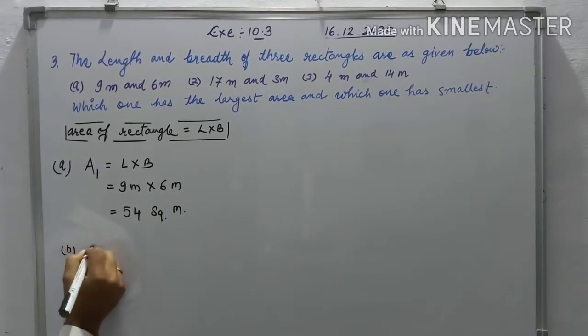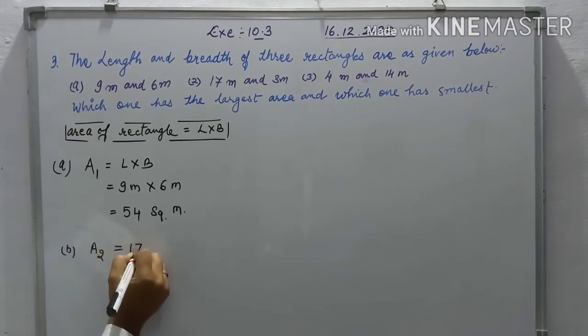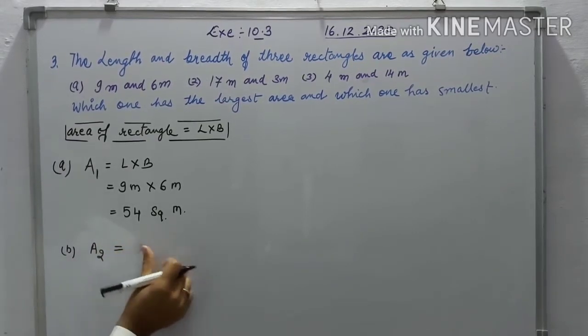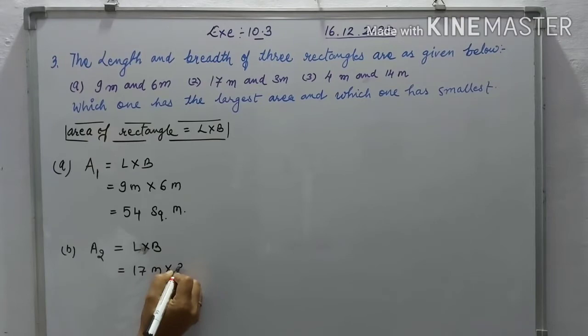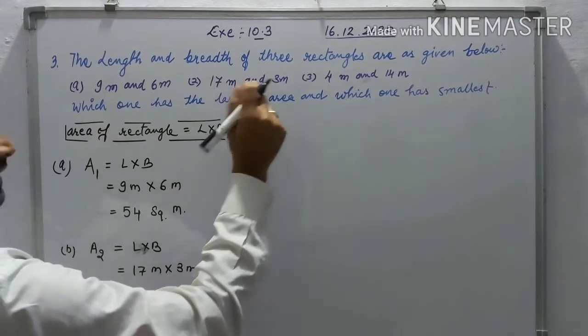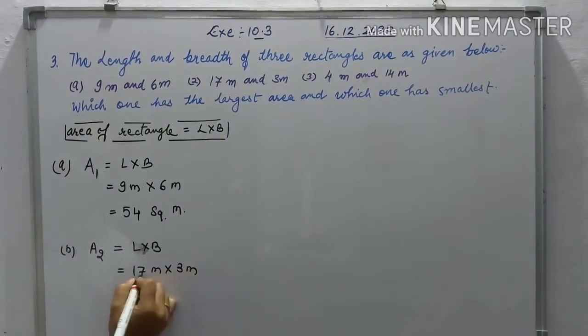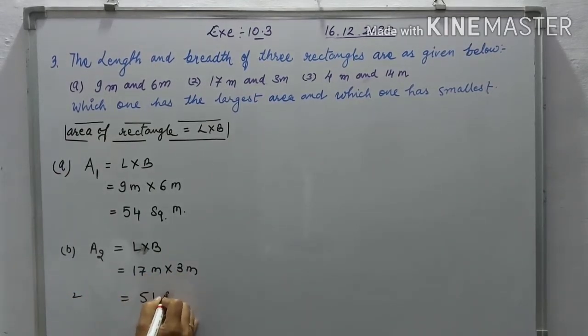That B is A2, the length is 17 meter. A2 is L into B. You write the 17 meter into 3 meter. This is the second question. And 7 3 is 21, 2 carry, 3 1 is 3 and 5, 51 square meter.